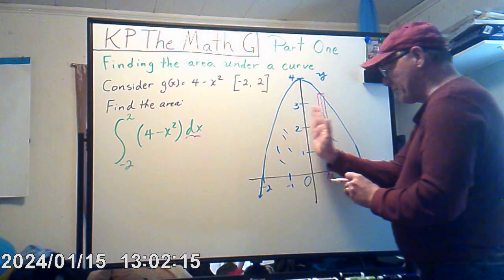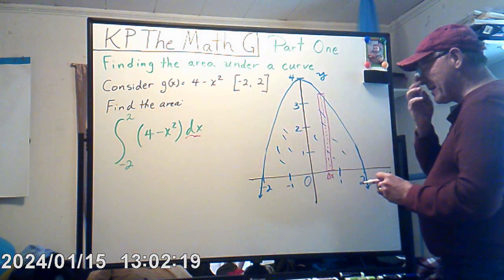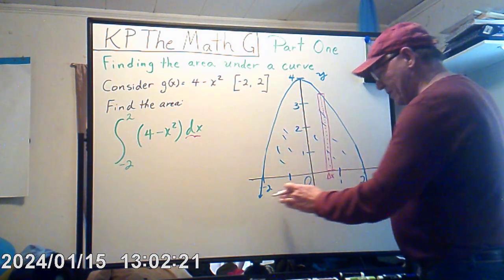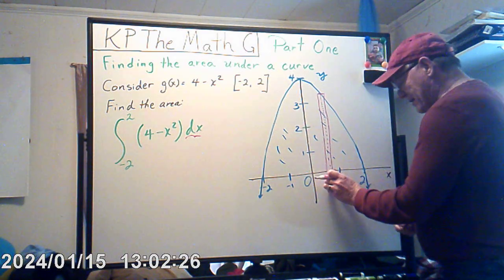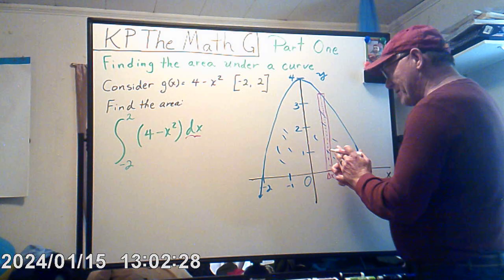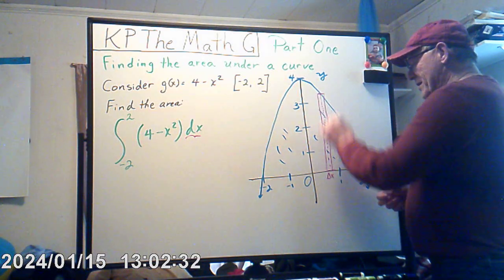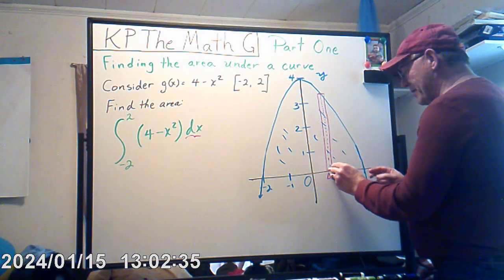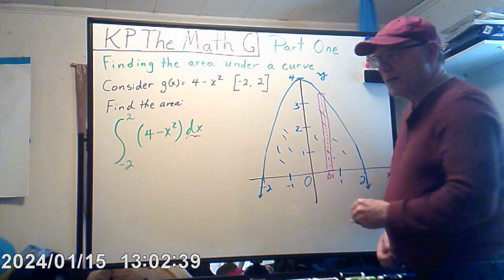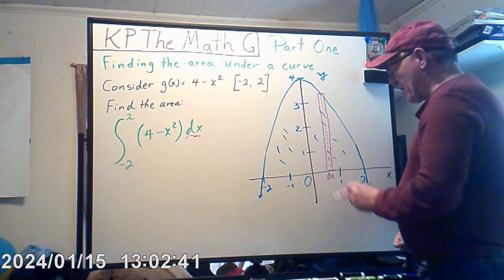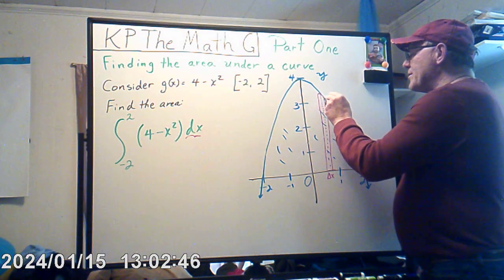Take it, pick it up and move it anywhere, because you want it to go all the way from -2 to 2. Delta x is going to get extremely small, almost not even a rectangle. Our rectangles are getting smaller and smaller, so we don't have any gaps.